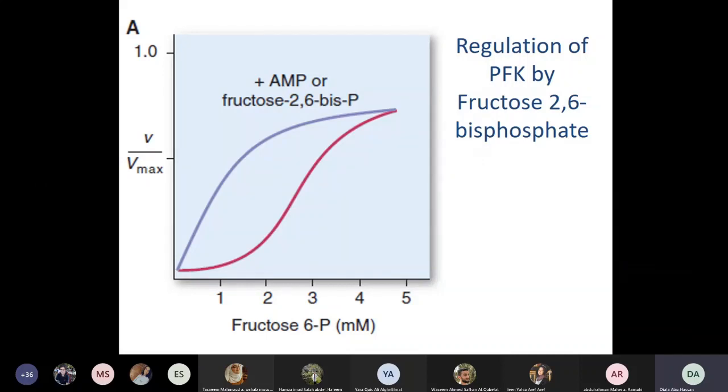There is another enzyme called phosphofructokinase number 2 that produces fructose 2,6 bisphosphate. The importance of this molecule, fructose 2,6 bisphosphate, is that it acts as an activator for glycolysis, as we see here, and it also acts as an inhibitor for gluconeogenesis.